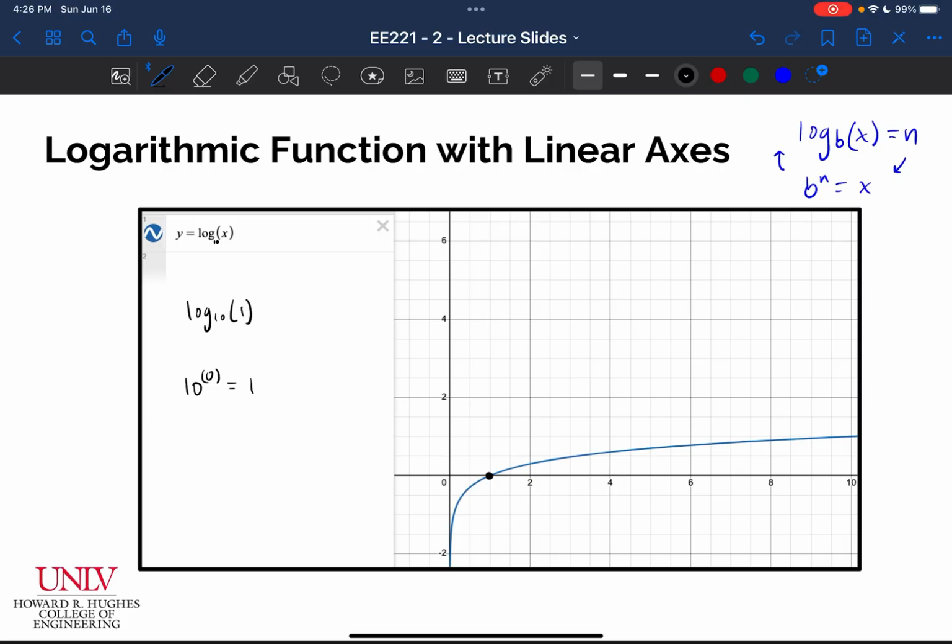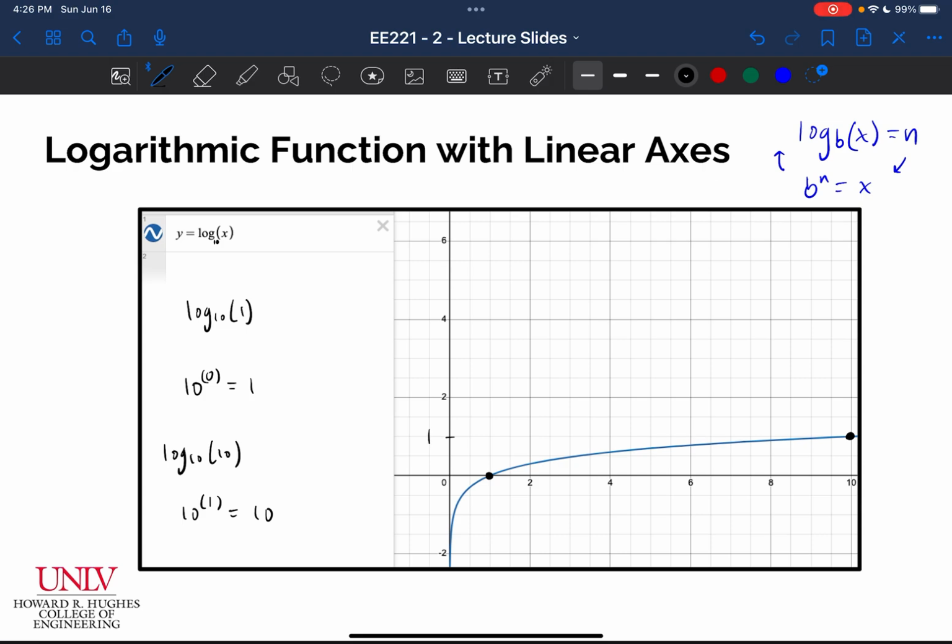And so if I move out to a value of x equals 10, I'm right here, right? Log base 10 of 10 is my y, right? And that's saying 10 to the what is going to give me 10. And that's a value of 1. So my y value here is 1.